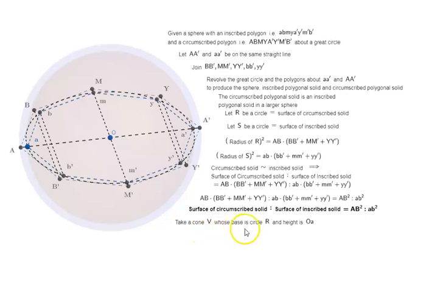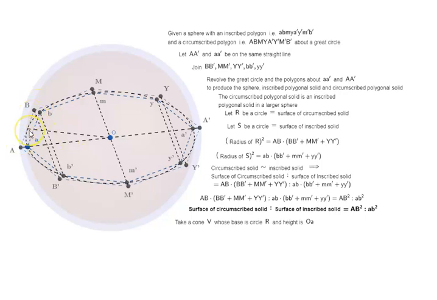Take a cone V whose base is circle R and height is OA. Now, what is this OA? If you look carefully, you might think that it is a radius of the great circle. No, that's not the way to look at it. The way to look at it is that it is the perpendicular distance from the center to the side of the polygon.